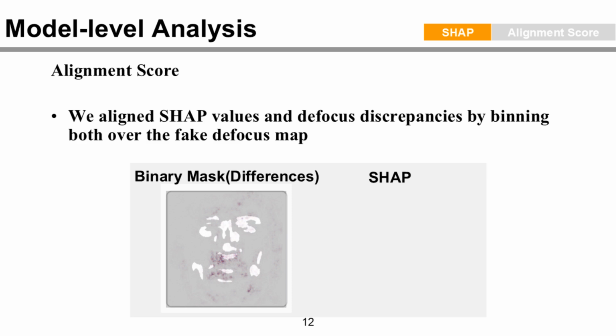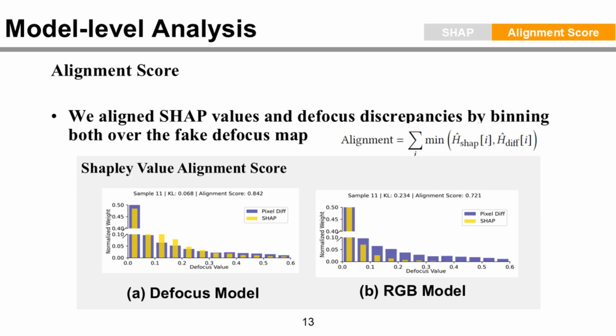The image you see here can be represented by the following graphs. As you can see, the x-axis is the defocus value grouped into bins of 0.1. The y-axis is the pixel count shown as a normalized weight. We use this because the SHAP map and the binary mask have different total pixel counts, and this is essential for a fair comparison.